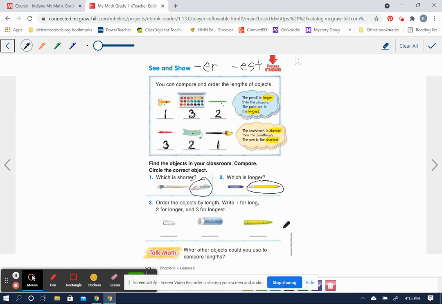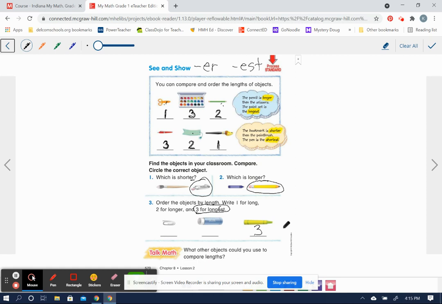Now we have 3, so we're going to number them 1, 2, 3. I think it's easiest to start with the one that has the EST ending. Longest. We're going to put a 3. Which one is the longest? The paper clip, glue stick, or the marker? Yes, the marker is the longest, so we're putting a 3.